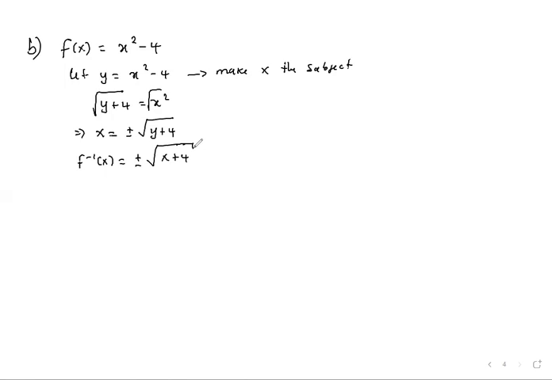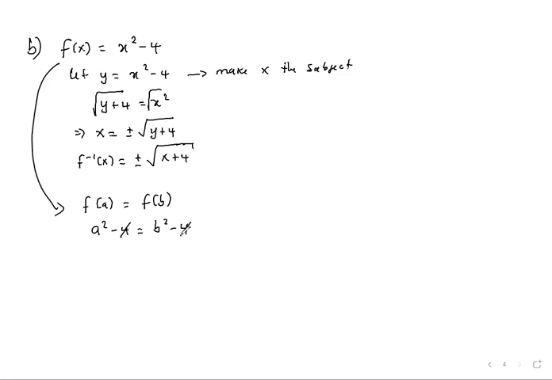Okay. Another way is you say, because I know that for a function to be bijective, it must be one-to-one and onto. Let me check if this function is one-to-one. f of a is f of b. We'll have a squared minus 4 is equal to b squared minus 4.